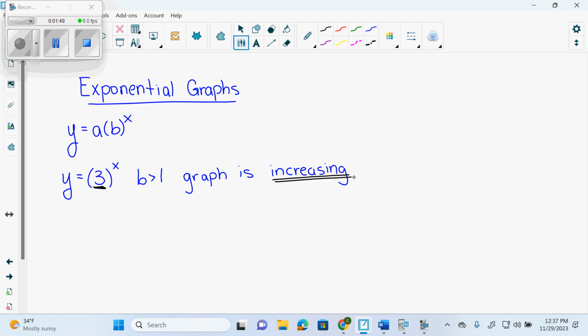And I know from my word problems again, if that value is between 0 and 1, so for example 0.80, that means my b is between 0 and 1. What would my graph be doing? Decreasing.